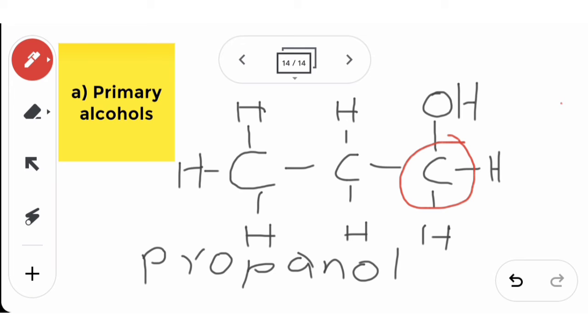Now, if you check here, how many carbon atoms are directly attached to the alpha carbon? We only have one carbon, and this particular carbon is right here. So if you only have one carbon atom directly attached to the alpha carbon, then what you have is a primary alcohol.